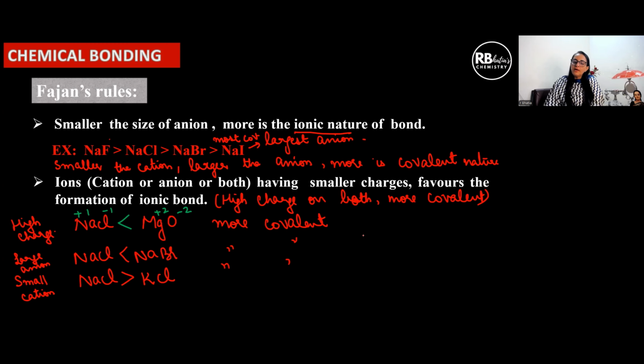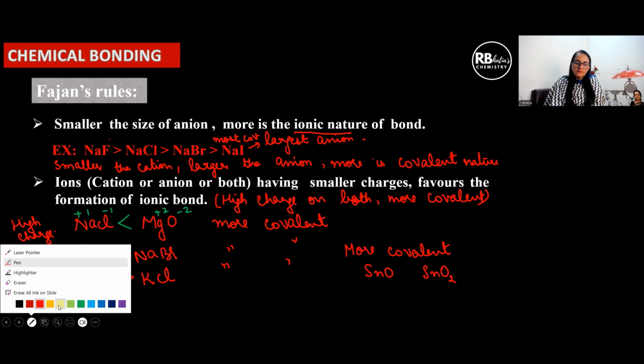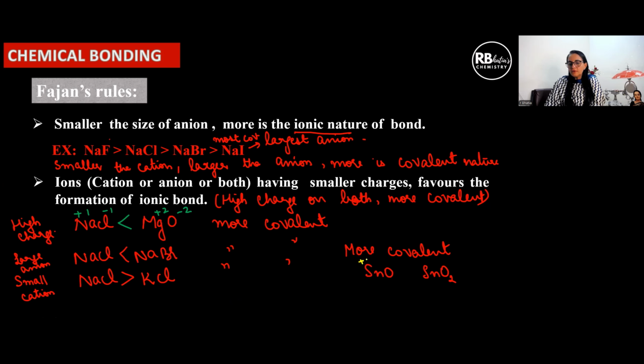Okay, so if I'd asked you which is more covalent, SnO2 or SnO, how would you decide? You will check the oxidation states. The oxidation state here is +2, this is +4. So high charge is going to be more covalent character. This is Fajan's rule.